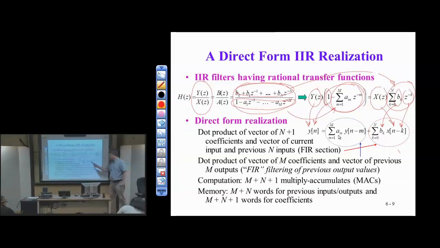Left-hand side, a little more involved, but this is nothing but feedback. I'm working with still a tap delay line in its own way. It involves only previous values of the output, which makes sense because I'm trying to compute the current output value. I don't know what that is yet. So I'm going to compute the current output value based on previous output values and the current and previous input values.